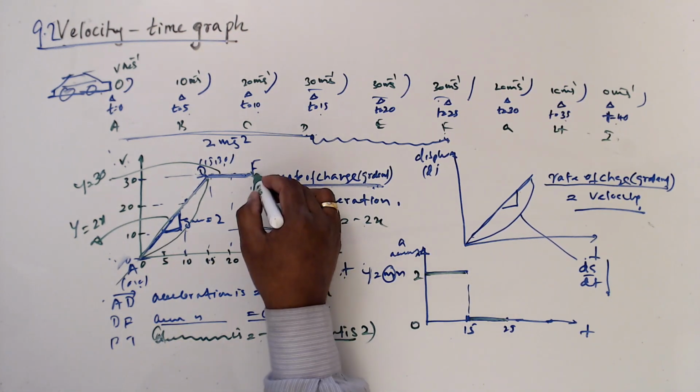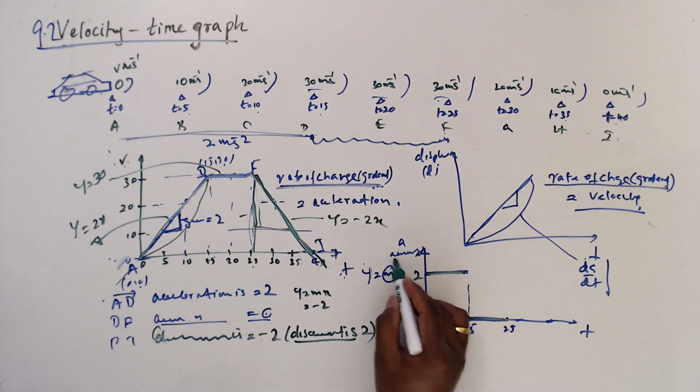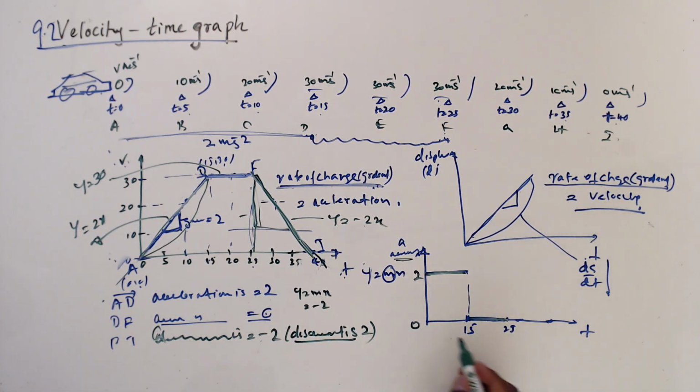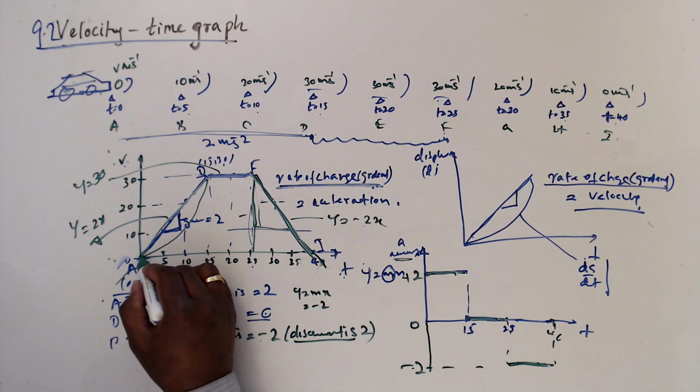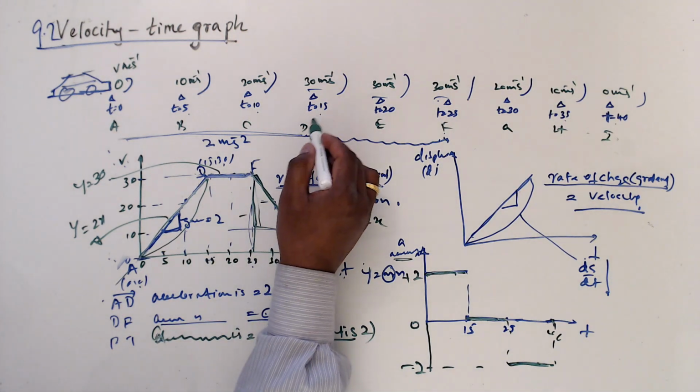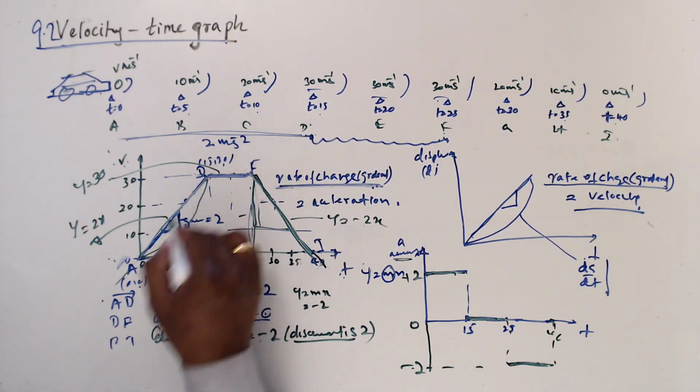Now how do we mark this in the acceleration time graph? Negative 2, this is positive 2. Negative 2 is here, 25 to 40. So this is the acceleration graph. What will happen up to D if it goes at different speeds?